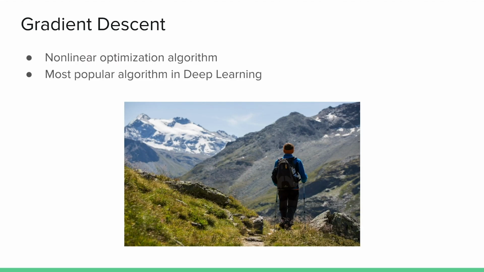How do we know where to go? This is where our optimizer comes into effect. What it does is something called gradient descent, a non-linear optimization algorithm that is really popular, and you will find it everywhere.